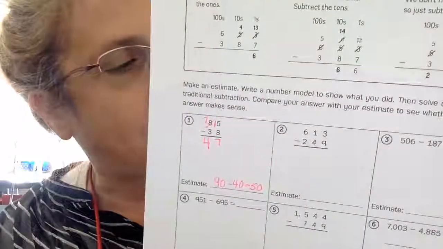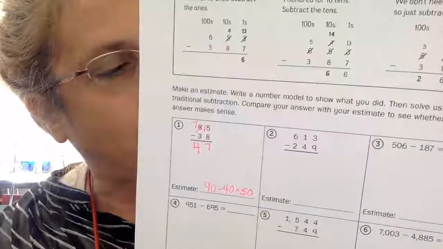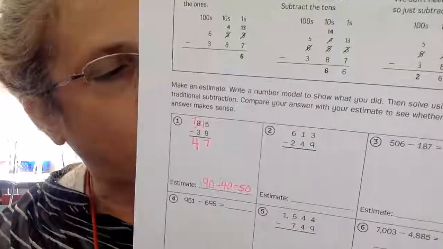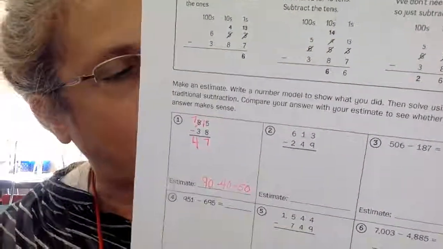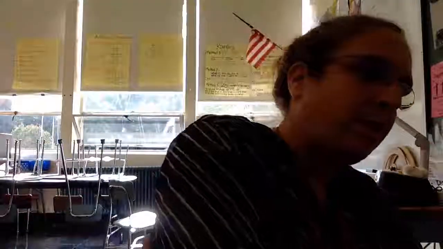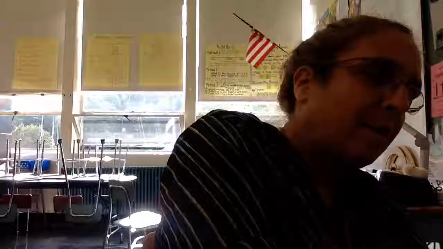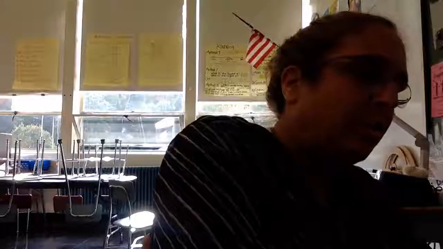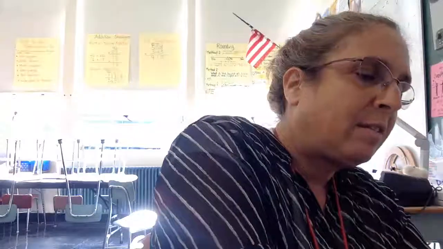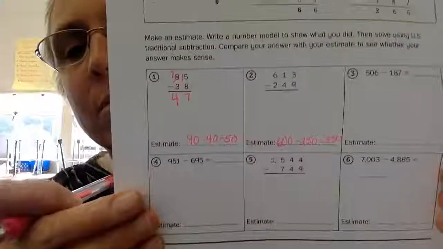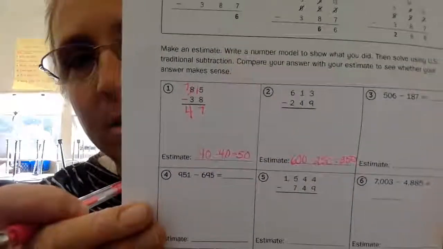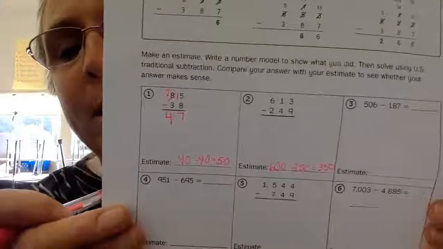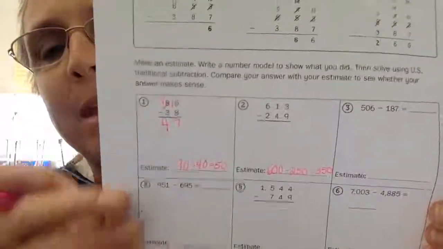So for our estimate, I'm going to round 613 to 600, and I'm going to round 249 to 250. So 600 minus 250 equals 350. So I know that my answer should come out as kind of close to 350.